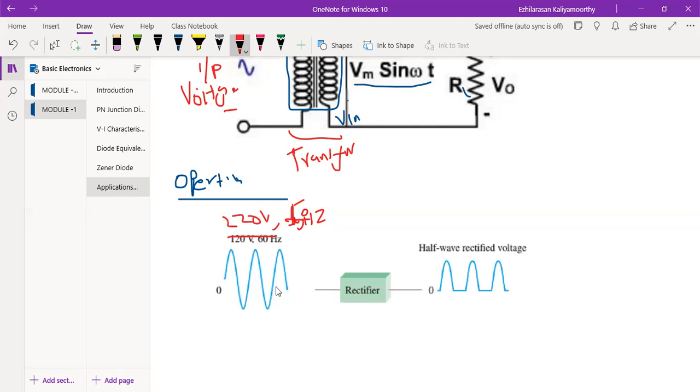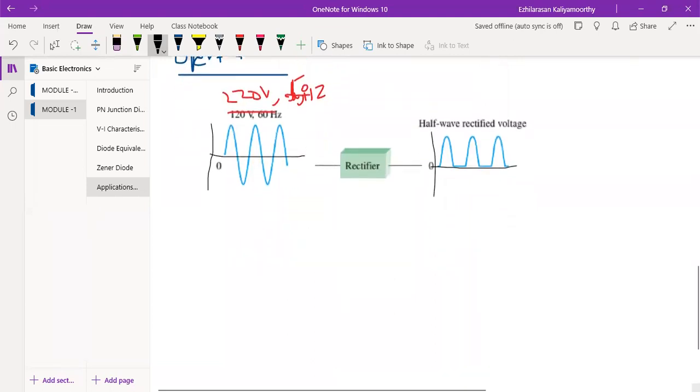In the rectifier, the output will be this one. The input has the full cycle, but now it will give you only the half cycle. See, only the positive half cycle I'm getting as output, the negative half cycle I'm not getting. But how are we going to get this? Let us see that.